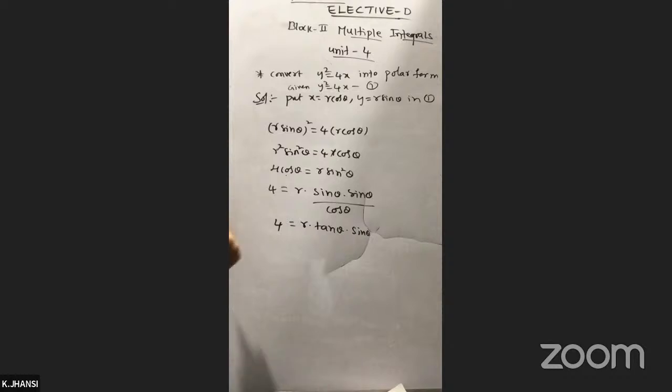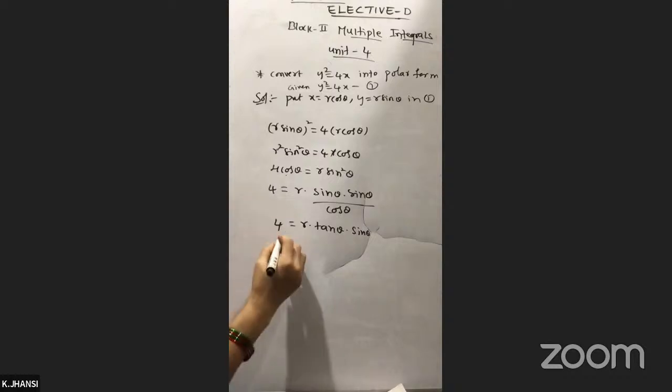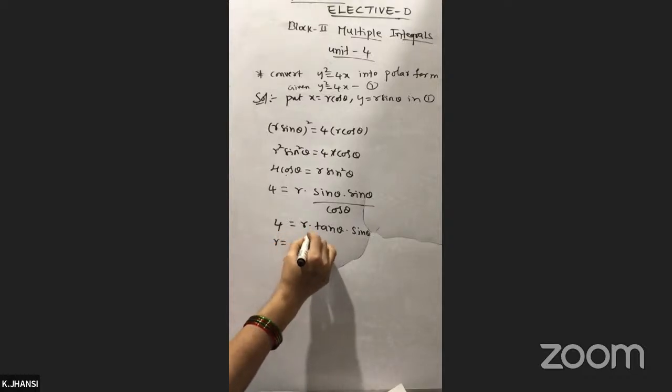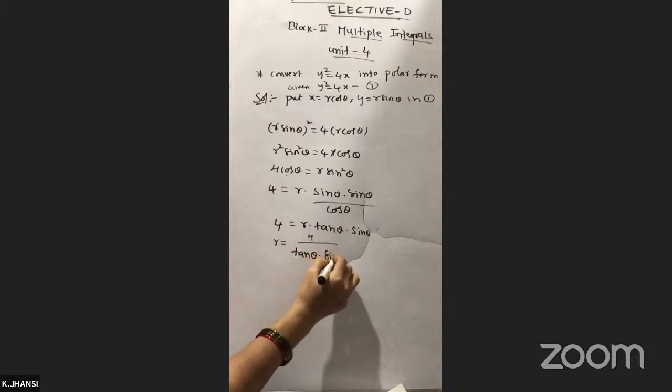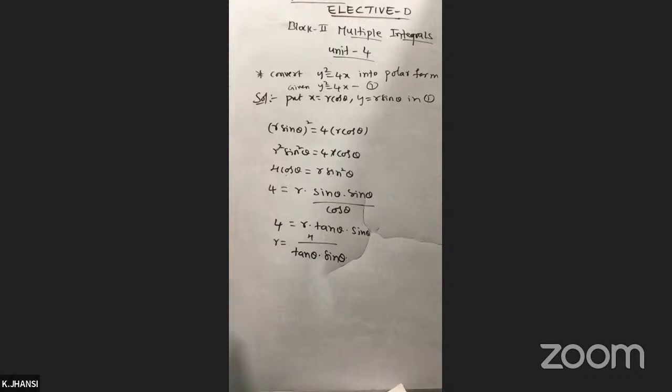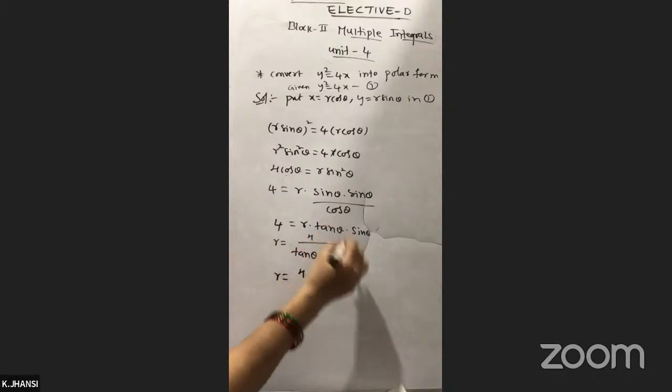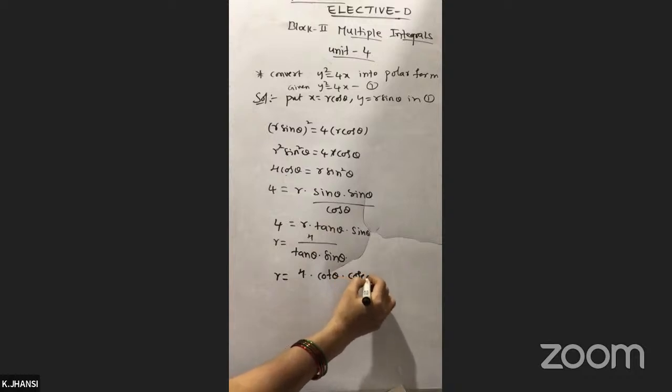So what is the r value? r equals 4 by tan theta into sin theta. So r equals 4 into 1 by tan theta, which is cot theta, and 1 by sin theta is cosecant theta.